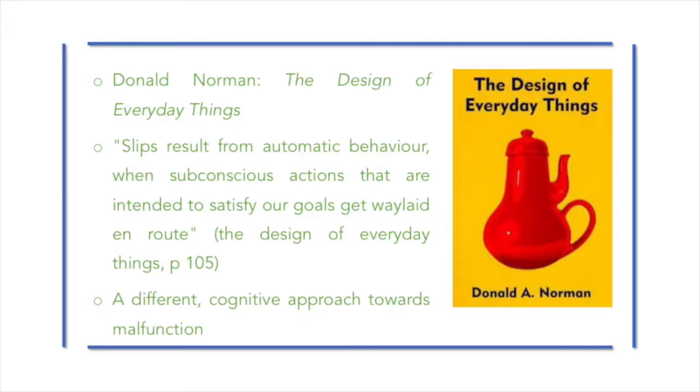He divides dysfunctions or malfunctions into two separate categories: slips and mistakes. On the one hand, Norman defines slips as small things like a misplaced action, a wrong thing moved in place of another one, a supposedly meaningful action undone, and on the other hand, he defines mistakes as significant events that are difficult or even impossible to detect.